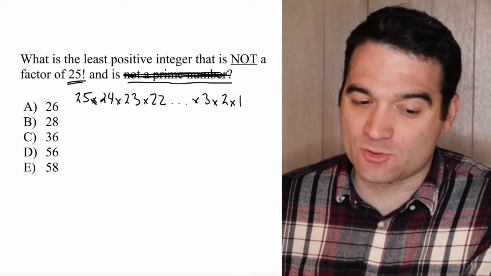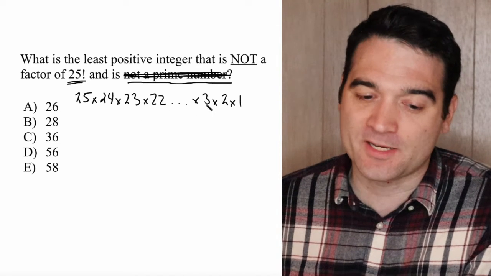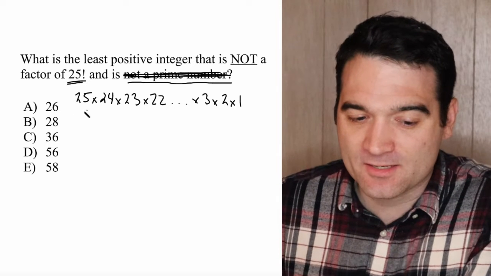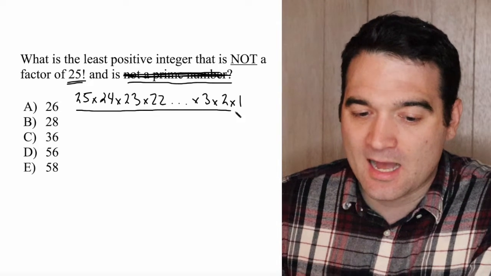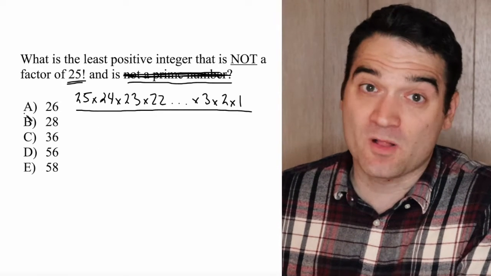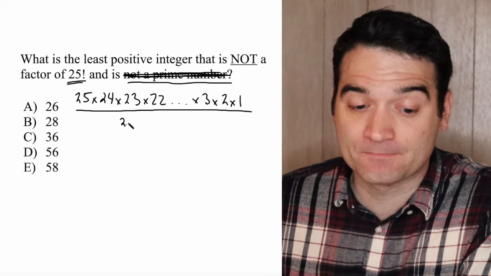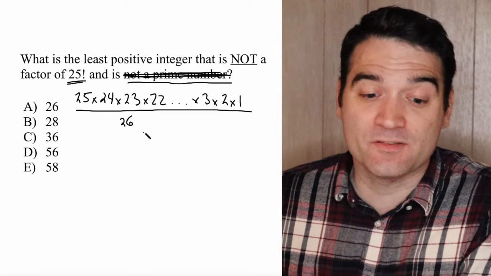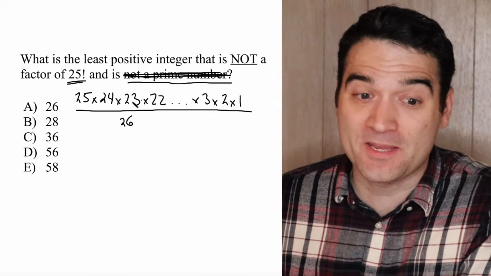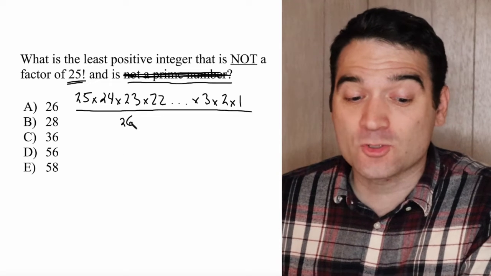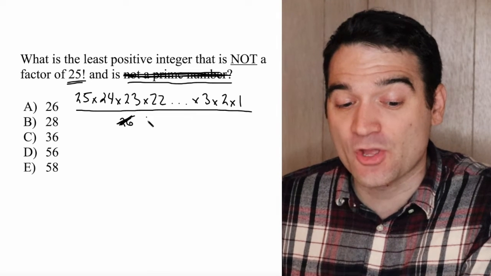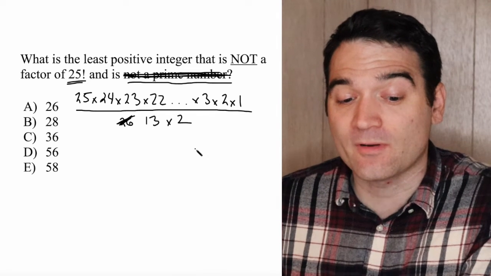So we have this number here, 25 times 24 times 23 times 22, let's divide this. So here's a fraction line. I'm going to divide this by the smallest number that I have, 26. Is this big number up here divisible by 26? Well, 26 is the same thing as 13 times 2, right?